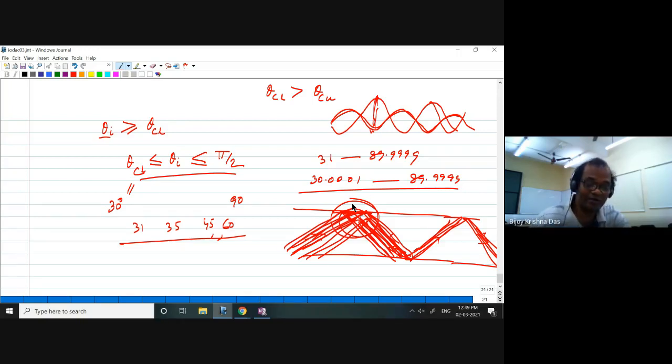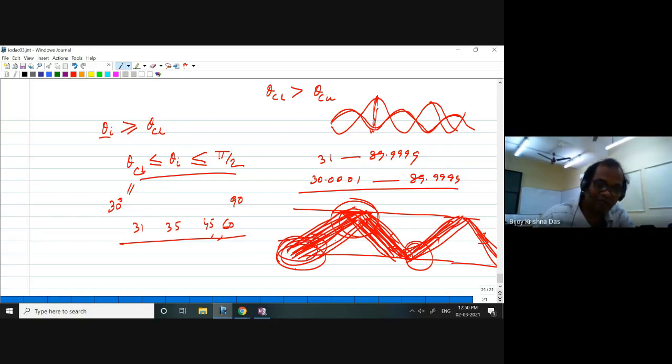In other words, suppose a wave originated from this point, and another wave originates from this point. If they are identical in terms of amplitude as well as phase, then whatever phase it has at this point, after traveling some distance it will acquire some phase, and upon total internal reflection it will acquire some more phase.